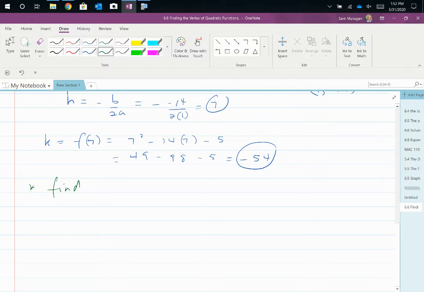Find the vertex of f of x is equal to negative 6x squared minus 12x minus 3.